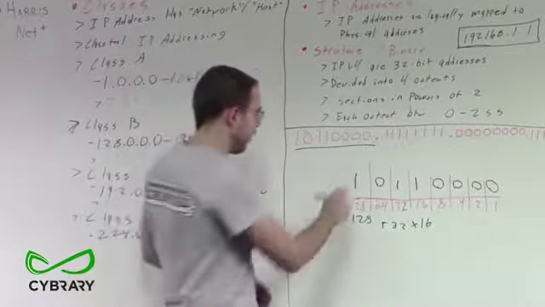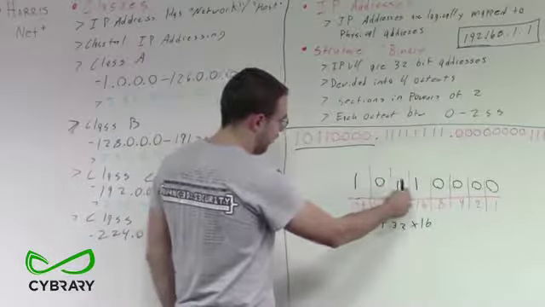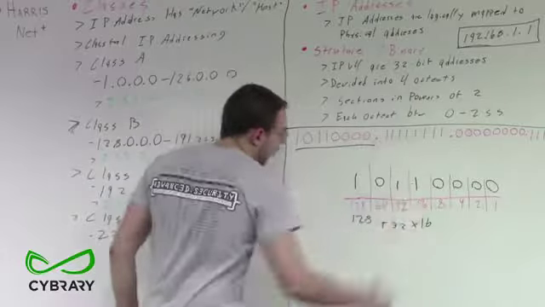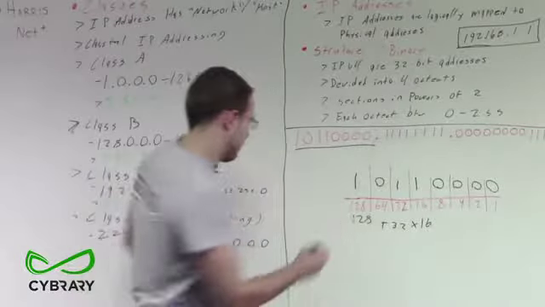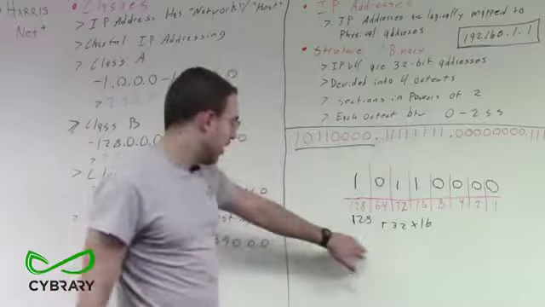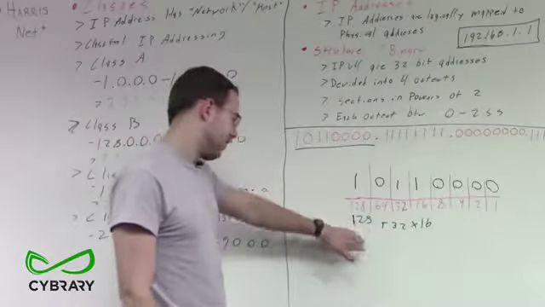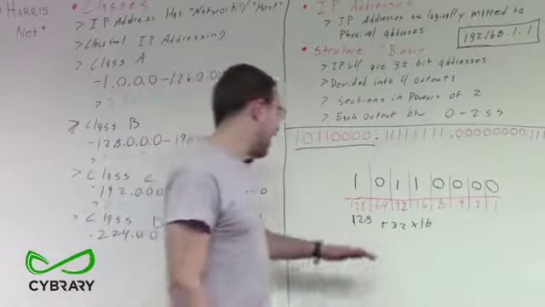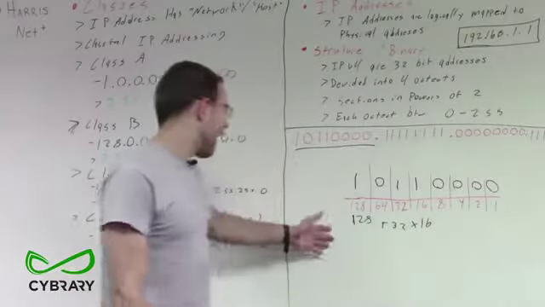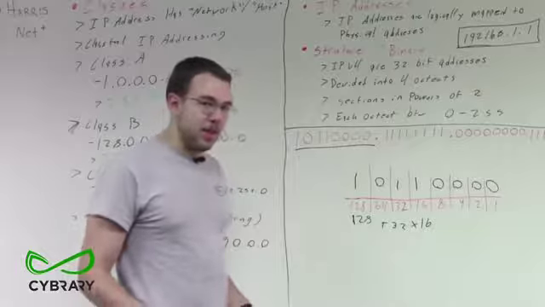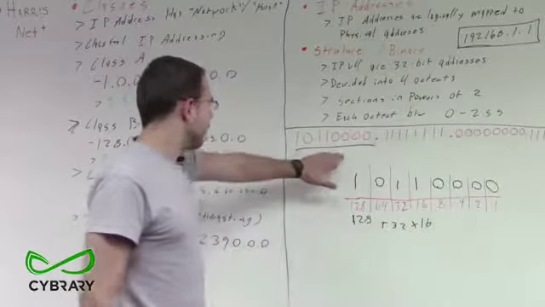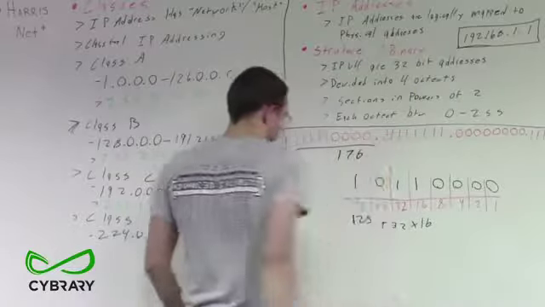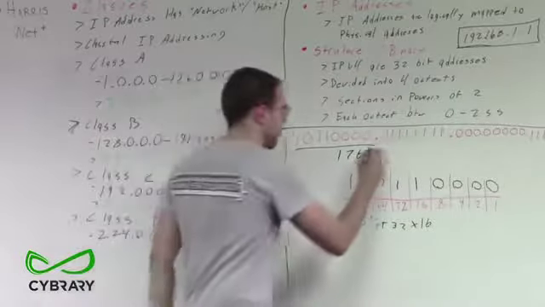So we have 128 plus 32 plus 16. 128 plus 32 is 160, and then we add our 16, and we have 176. So our first number here is 176.